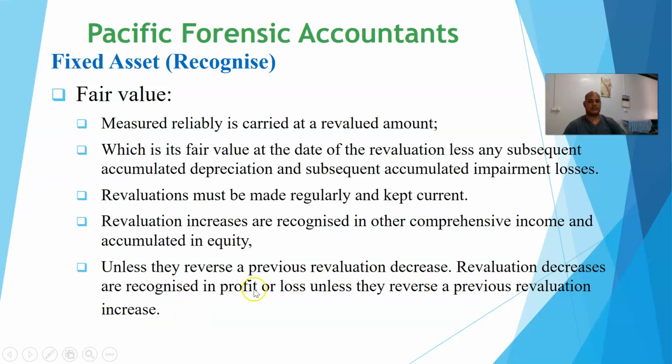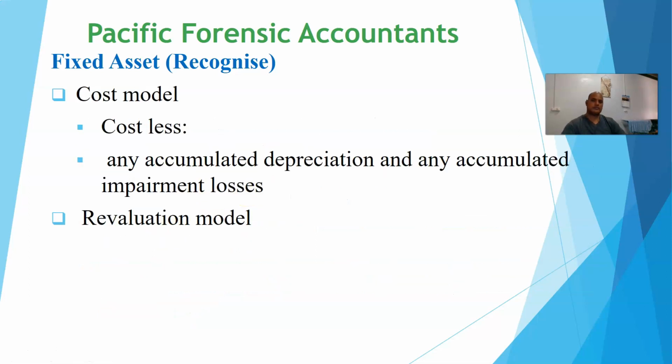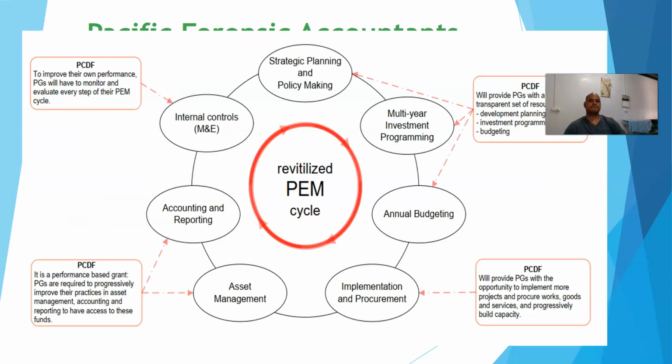That is what it means by this section here. So that is what it means by recognizing an asset. We define it, we find the cost, and because we already found the cost, we can disclose it in a financial statement using these two models. And once you adopt one, you have to keep consistency in disclosing your financial asset.